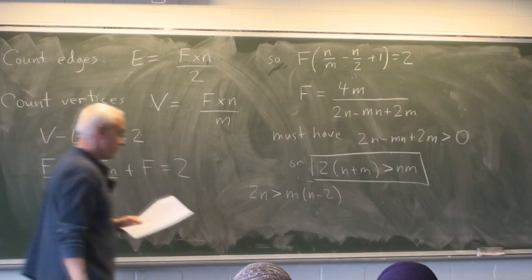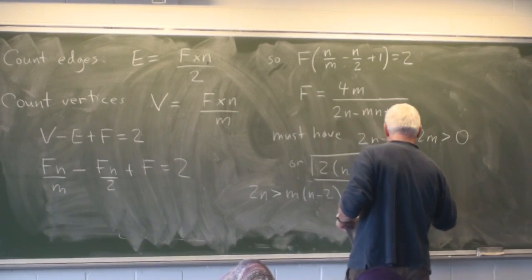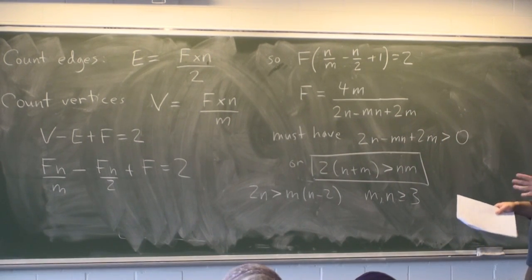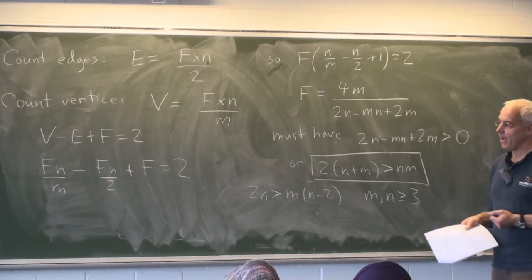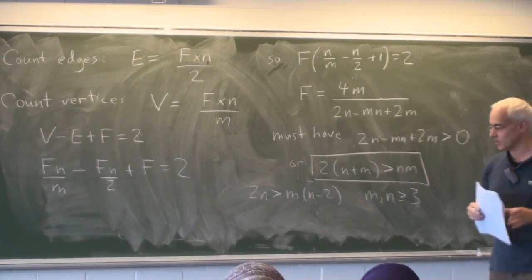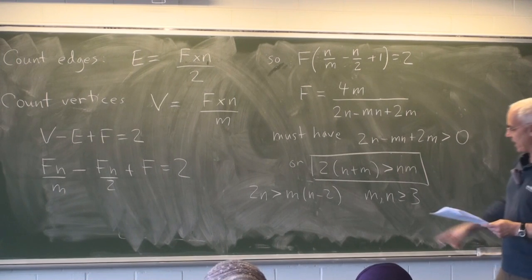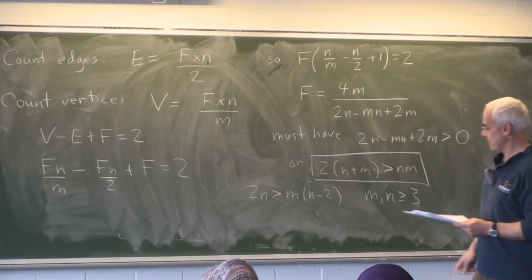And if we remember that our numbers m and n have to be at least 3 because we want our polytopes to have at least 3 sides, and we want at least 3 faces meeting at any vertex. So they are natural numbers bigger than or equal to 3. In particular, n minus 2 is positive.